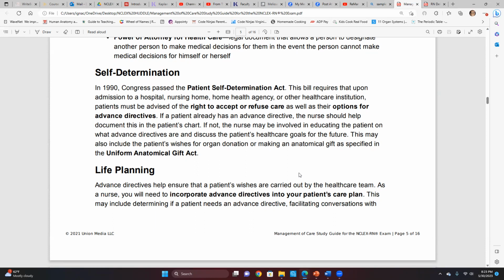Okay. Now, when we think about the Uniform Anatomical Gift Act, that means that the patient can donate their organs as long as those organs are not diseased by cancer or something like that. If the organs are in good shape, they can actually donate their organs. There have been cases of moms that have given birth to babies they knew would not survive, but there were some good organs in that developing fetus, so they gave birth to that fetus.